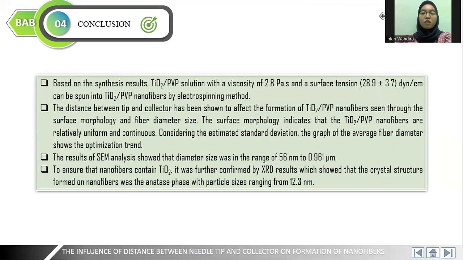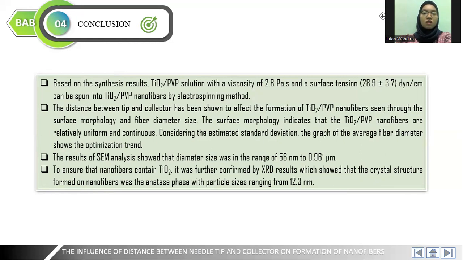The surface morphology indicates that the CO2 PVP nanofibers are relatively uniform and continuous. Considering the estimated standard deviation, the graph of the average fiber diameter showed the optimization trend. The result of SEM analysis showed that the diameter size was in the range of 56 nanometers to 0.961 micrometers.